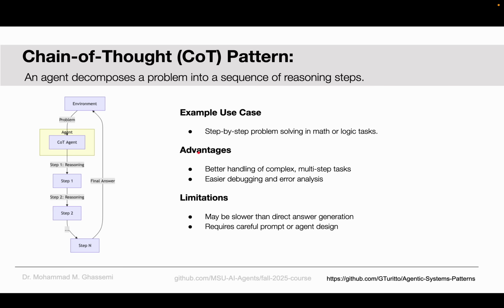And that's because this setup allows you, through decomposing the problem instead of handling it in one system prompt, to do multi-step reasoning that is easier to debug and therefore easier to fix as you're doing the prompt or agent design, which is usually actually a little bit harder in the chain of thought pattern than it is in a standard system prompt.